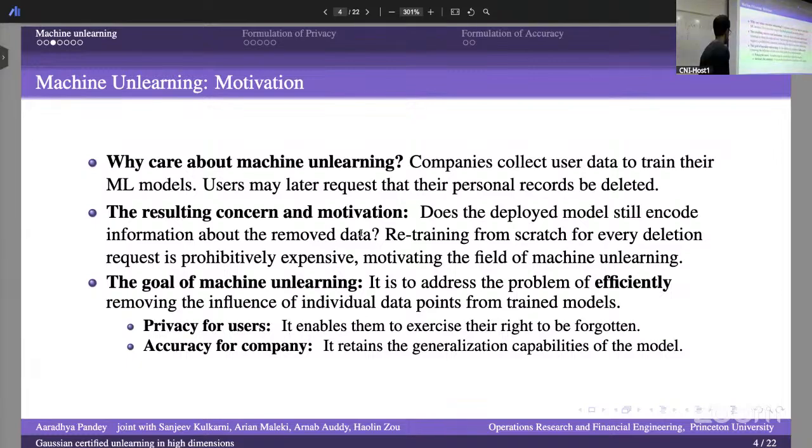Now, one thing that we could try to do is, let's say maybe 1,000 of us requested an appropriate company to remove our data. Then what the company does is retrain from scratch. Every time a couple of requests come, maybe a single request or maybe a dozen, the company retrains the entire model. It forgets the removed data, takes whatever data it has left, and retrains the entire model.